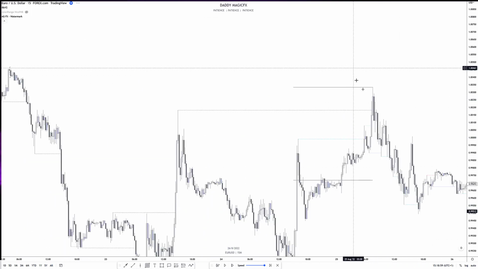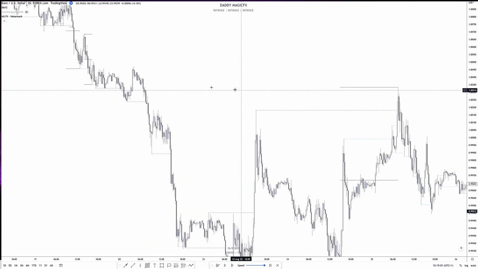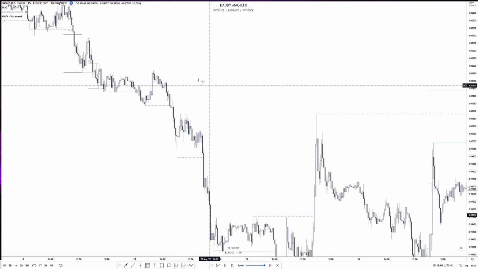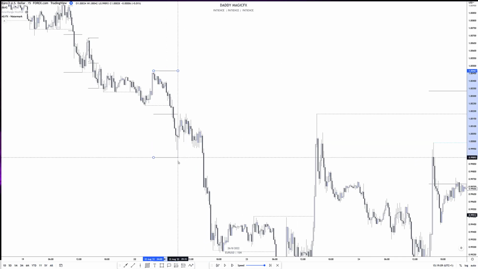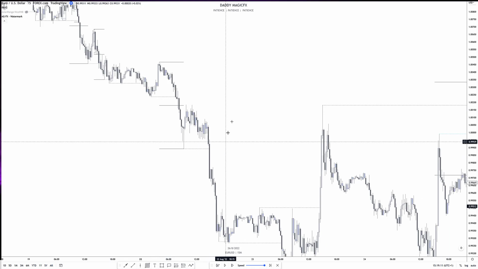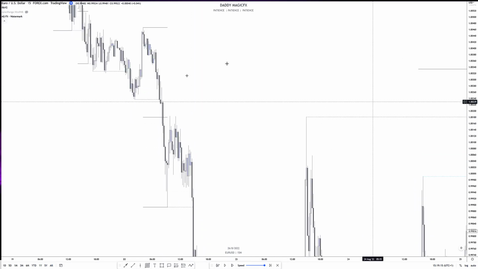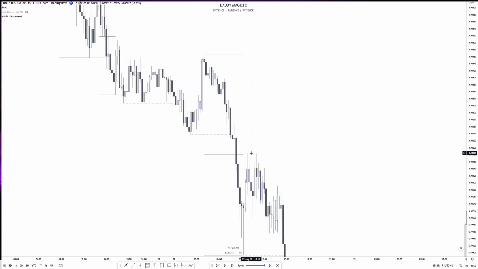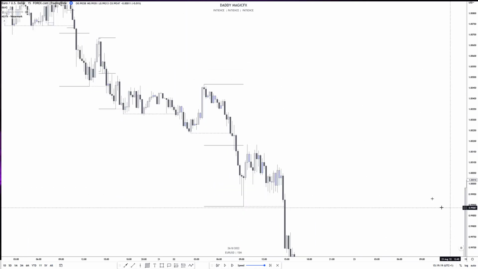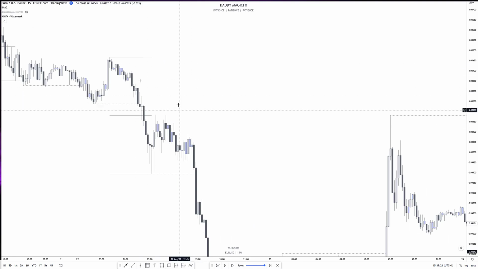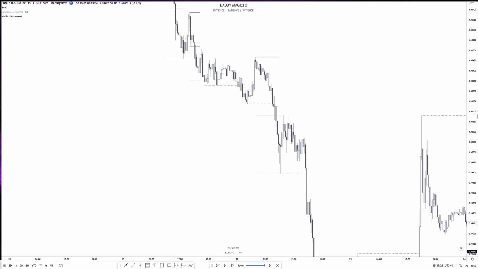So over here is that 4 hour zone we tapped into, and if we look on the 15-minute, what do we see? We can see that this was the 15-minute range that we tapped into, the leg of price, and we tapped into this premium. However, that premium was already mitigated over here, so it's no longer open for business.